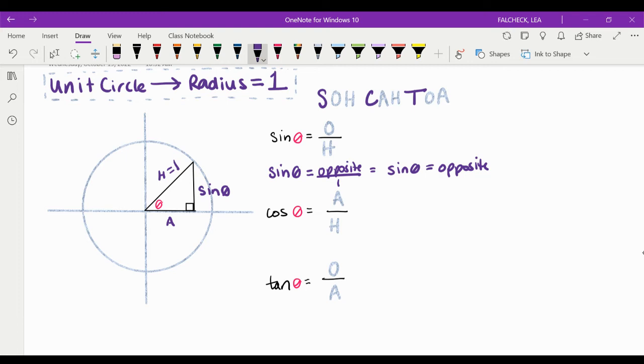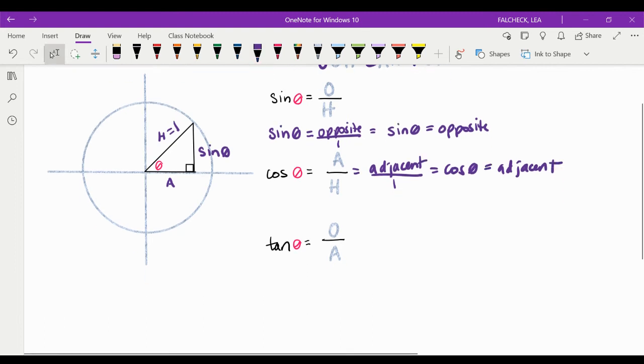Okay, let's do the same with cosine. Let's look at cosine of theta. On the triangle, the cosine of theta is going to be the adjacent triangle leg over the hypotenuse, which is 1. So I could just rewrite that as the cosine of theta is equal to the adjacent triangle side length.